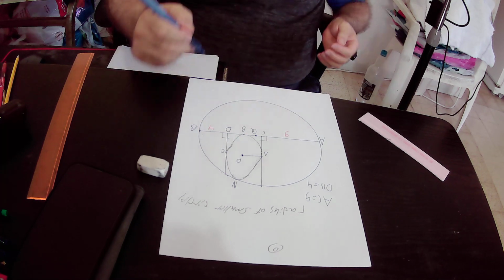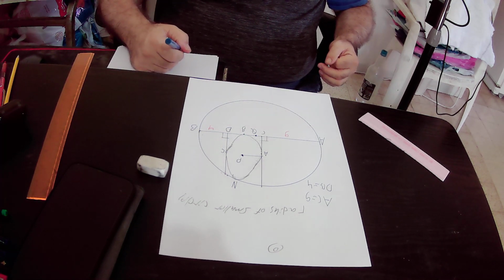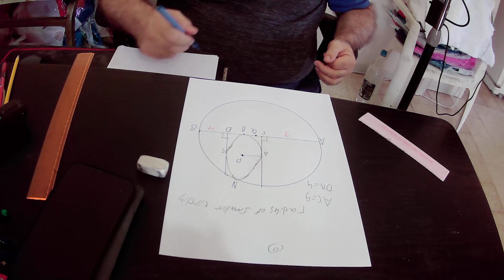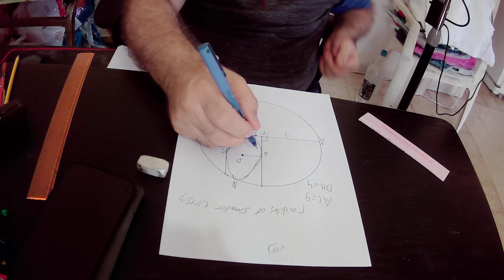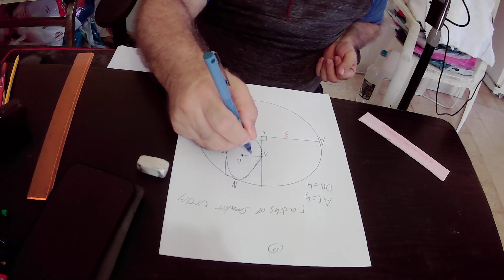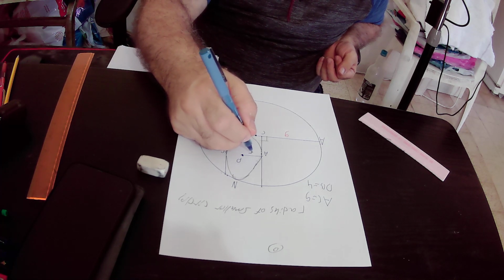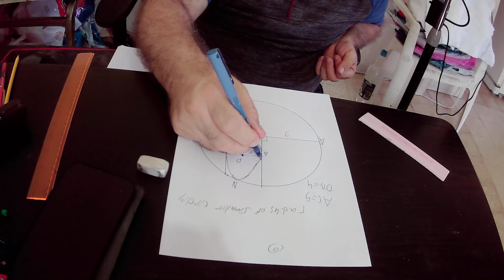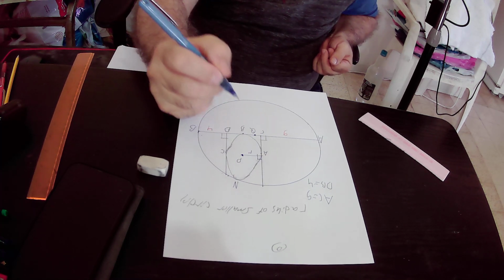As you know, the angle between a radius and its tangent is equal to 90 degrees. So if this is the radius, then the angle between the radius and its tangent is 90 degrees. The radius is perpendicular to its tangent.